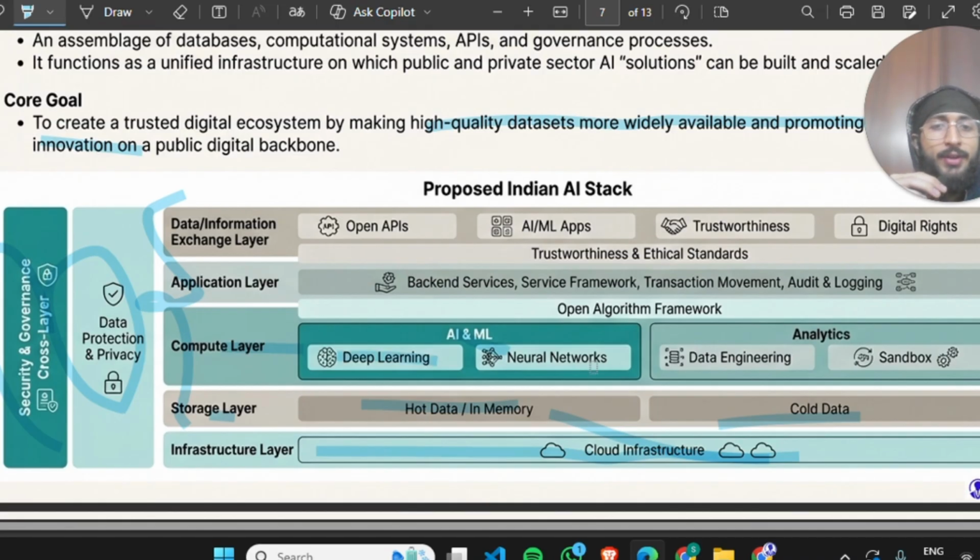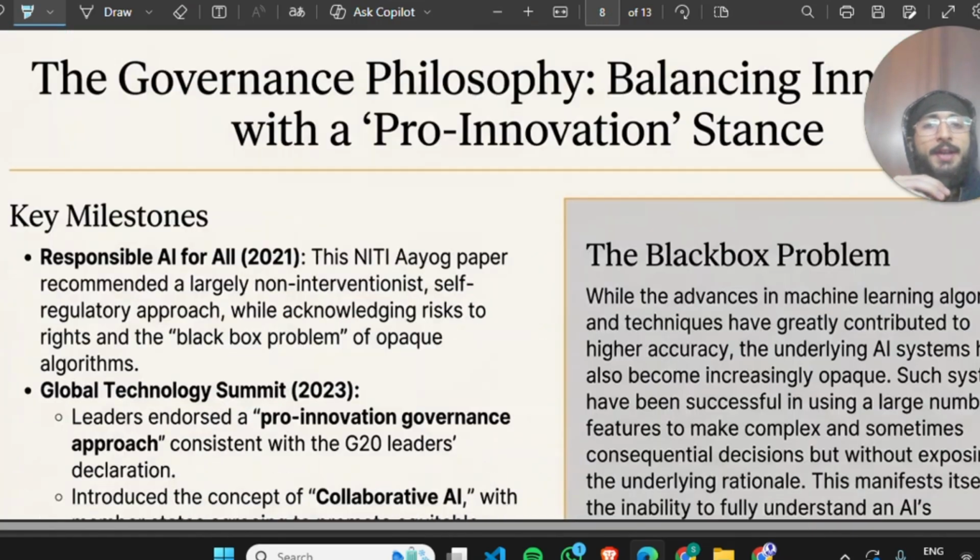That is deep learning, neural networks, right, and machine learning. And the analytics part is separate from that, where we have data engineering and sandbox. And also we have the application layer, in which we have backend services, service framework, transaction movement, audit and logging, open algorithm framework, and for data information exchange layer, we have open APIs, AI, ML apps, trustworthiness, and digital rights. So these are basically the trustworthiness and ethical standards, right?